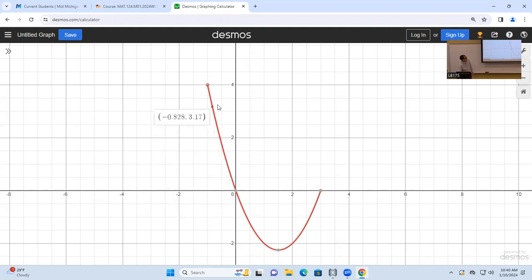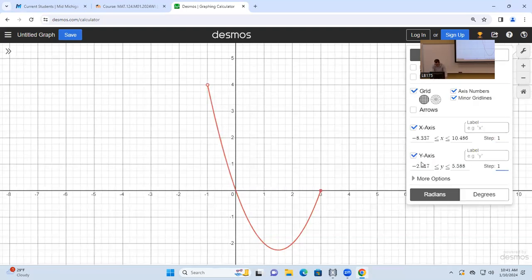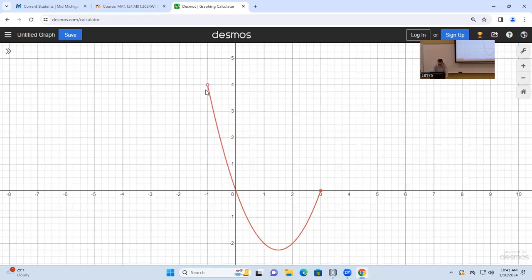Well, notice on this section, from an x value of -1 all the way down to an x value of about 1.5, as you move to the right, your point is going down.